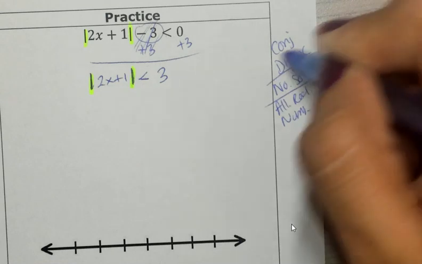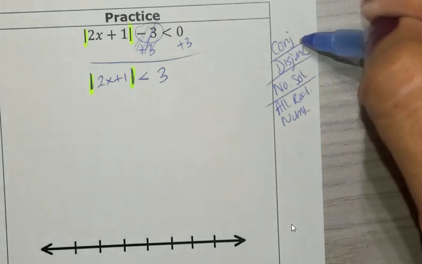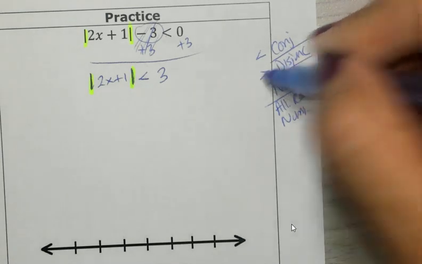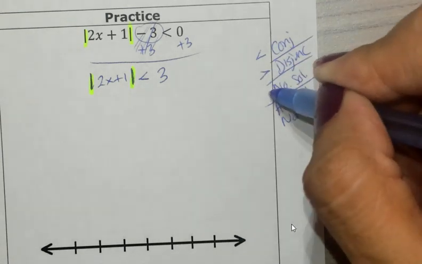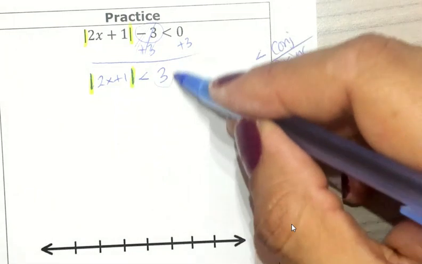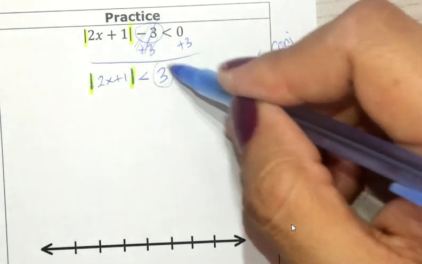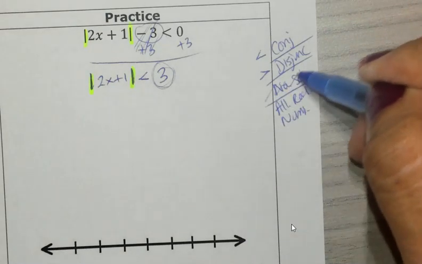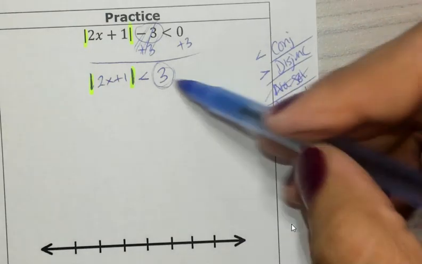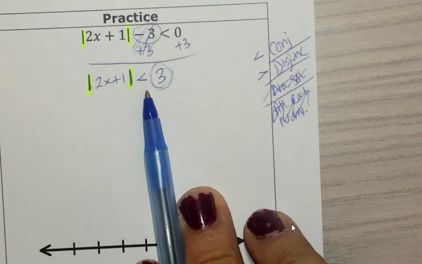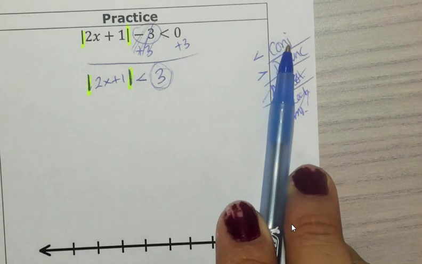To decide which case it is, remember that conjunction is when you have less than, disjunction is when you have greater than, and no solution or all real numbers happen whenever you have a negative number on the right. We're not going to have those two cases in this example. We have a less than 3, which means that we will have a conjunction.